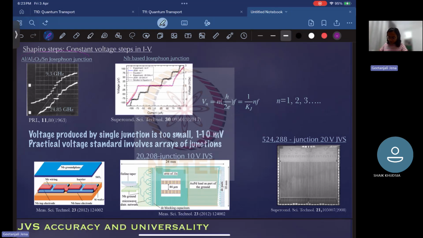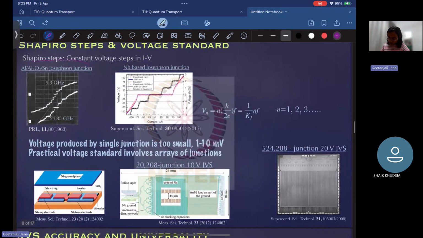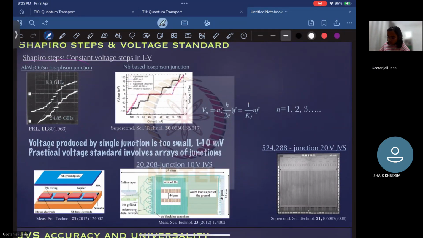So if you look at the first plot, they varied the frequency. From this, you can see that when we vary the frequency from 9.3 to 24.85, we can see the voltage steps, the Shapiro steps, as well as we see that as we increase the voltage, the plots are getting somewhat wider. Okay, this is one of the observations that we see in the first plot.